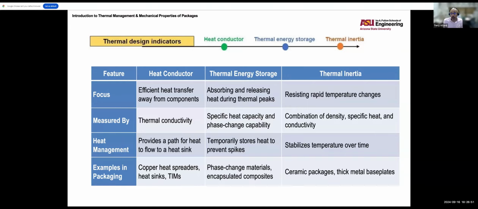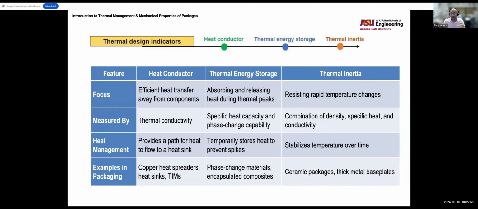And then thermal inertia. These are materials that resist rapid temperature change. They have very unique material properties, whether you're talking about density, specific heat, and conductivity. They all work together. We'll look at some examples used in packaging, and they're really amazing. The key there is to try to stabilize the temperature over time.